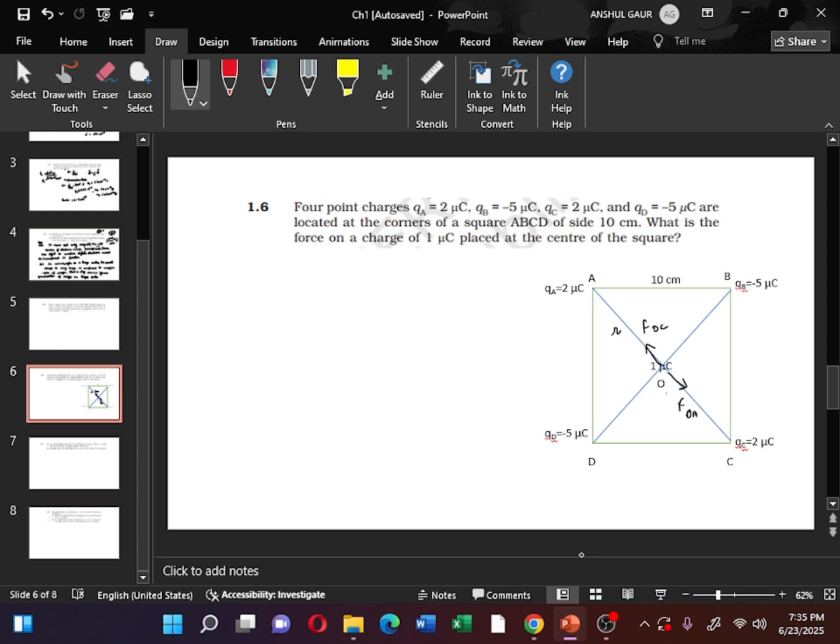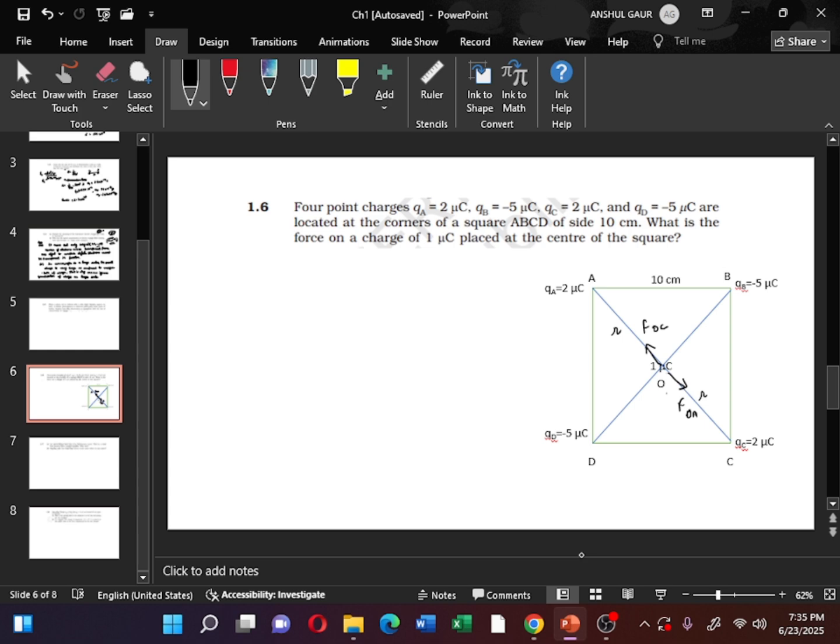The direction is exactly opposite to the direction of FOA and the magnitude is the same, because the pair of charges involved have the same magnitude, 1 microcoulomb and 2 microcoulomb, and the distance is also the same, R. So FOC and FOA have the same magnitude. If two forces act at a point exactly 180 degrees apart and are equal in magnitude, they cancel each other. So these two forces cancel each other.